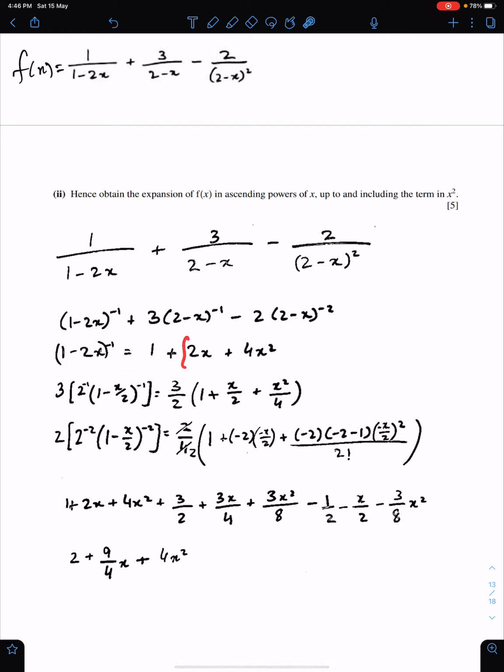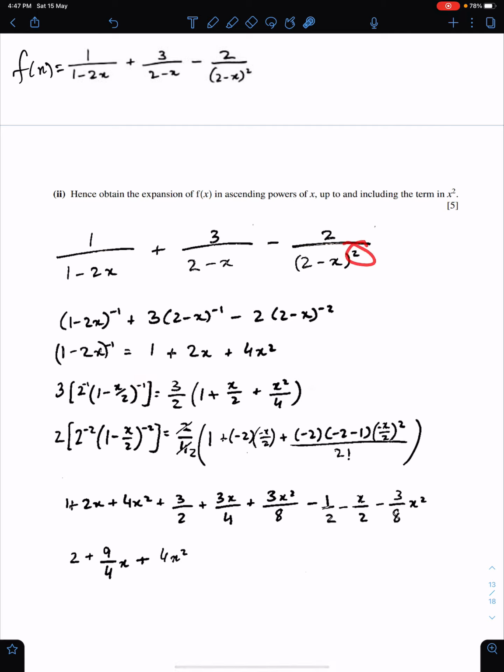So 1 plus second term power 1, second term power 2. Make sure you take 2 common carefully from this expansion. Must give this negative 1 power to 2 as well. Now this will become 3 upon 2, and this is the expansion of 1 minus x upon 2 whole power minus 1.